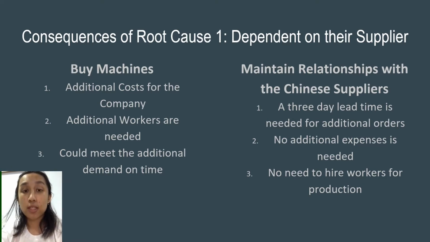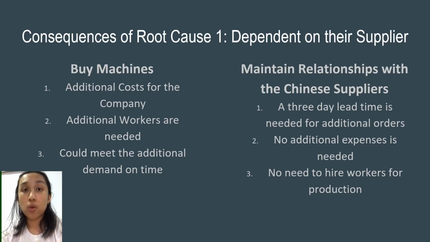Then for the second alternative, maintain the relationship with the Chinese suppliers, the first consequence is the most obvious one. The 3-day lead time is needed for additional orders, which can lead to delays or backlogs in orders.